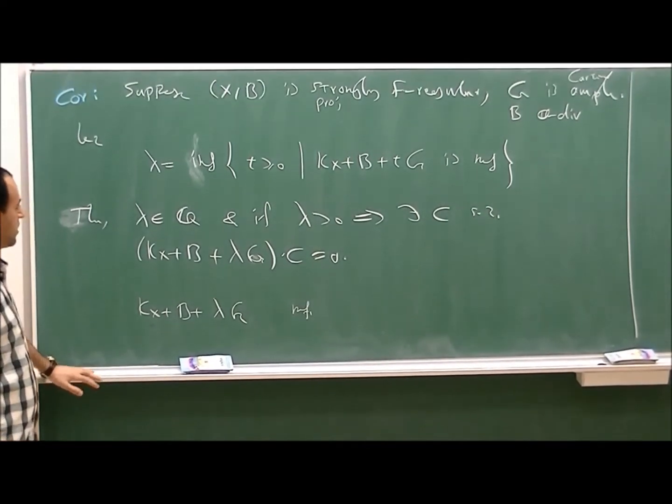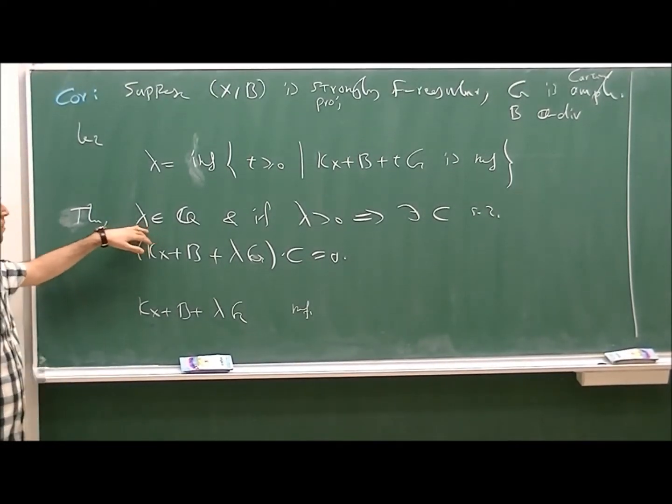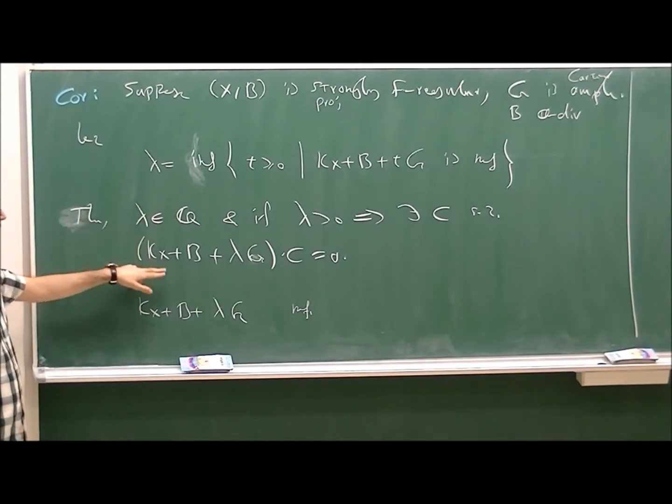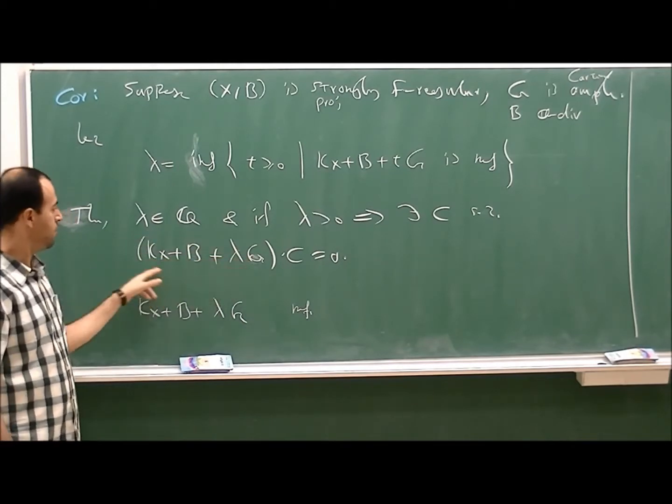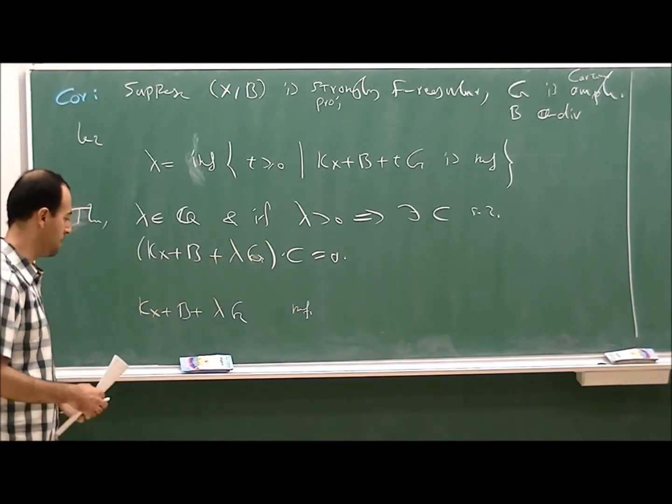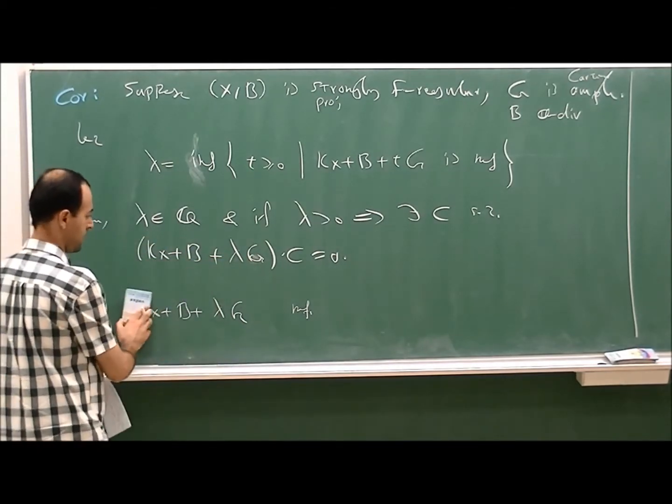So that's why it's important to show that this lambda is in fact a rational number. So the theorem says that if it is not equal to 0, then the divisor must be trivial at least for some curve.